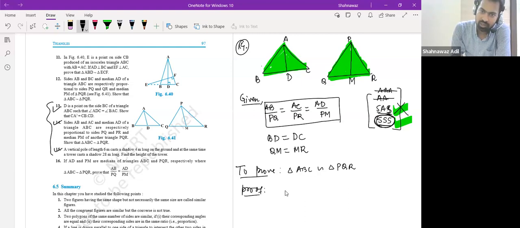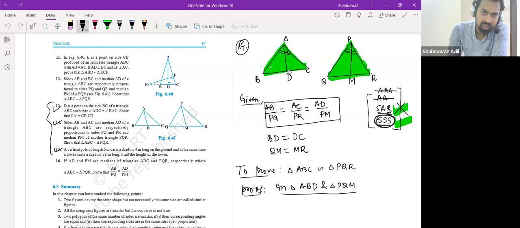So in triangle ABD and triangle PQM, in these two triangles, if median is there, it also bisects this angle. So this angle is also equal, and this angle is also equal. Is this okay?